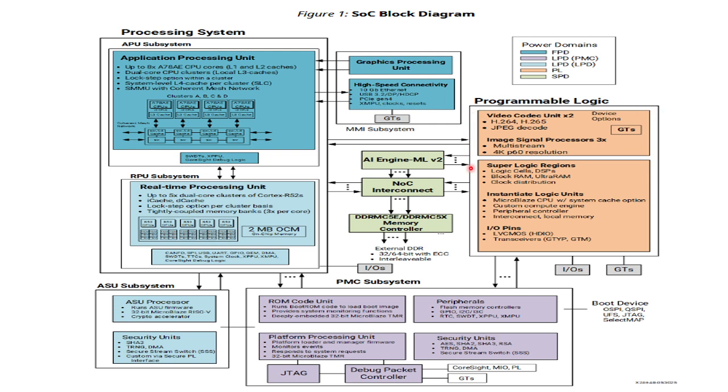Also, programmable logic, which we mentioned. We see here that we have two sections. PL programmable logic is marked with this orange. Image signal processor, 3 times multi-stream. So we see that the image signal processor is a significant part of this programmable logic, and this is mostly made for video.